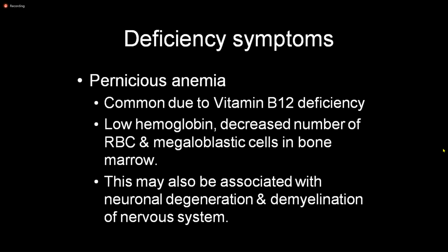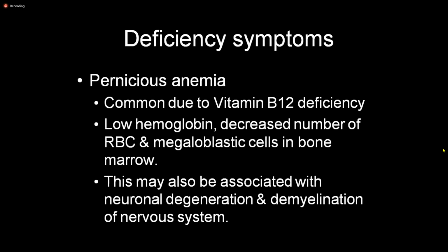Okay, so vitamin B12 deficiency causes pernicious anemia. Pernicious anemia and megaloblastic anemia are two different things. Mostly the megaloblastic anemia is due to folic acid deficiency, whereas pernicious anemia is also a megaloblastic anemia. If you see the RBC image of pernicious anemia, it is also megaloblastic.